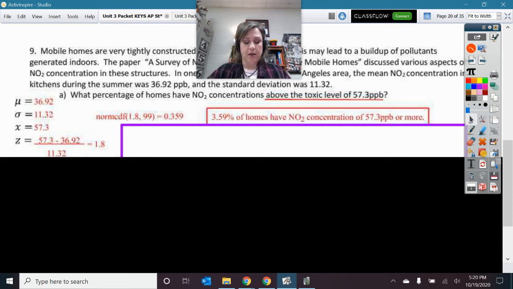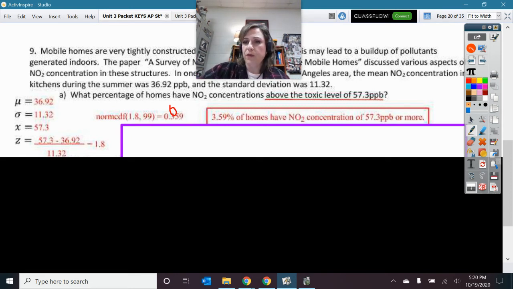Okay, I'm inconsistent on what I'm saying there. From 1.8 to 99 is, oh yeah, 0.0359. There's supposed to be a little zero in there. So it is 3.59% of homes.